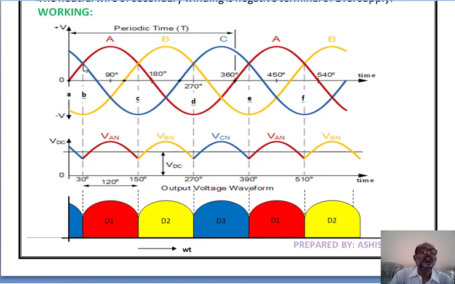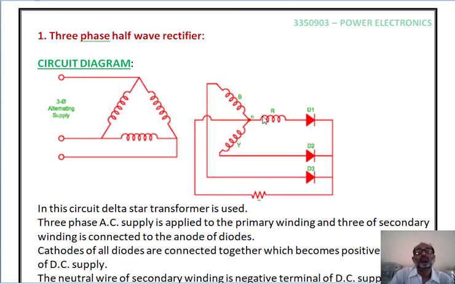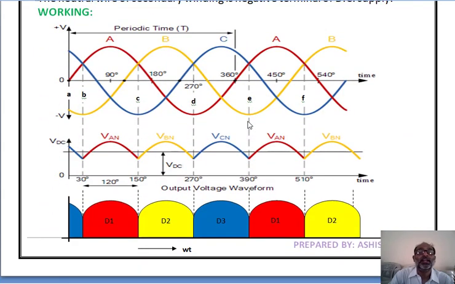That means the voltage of this R phase or A phase is positive with respect to this B phase voltage. So as a result, diode D1 conducts, and current flows from R to D1 to RL, then the end point of the star connected winding.